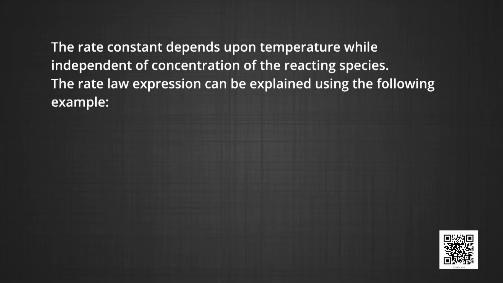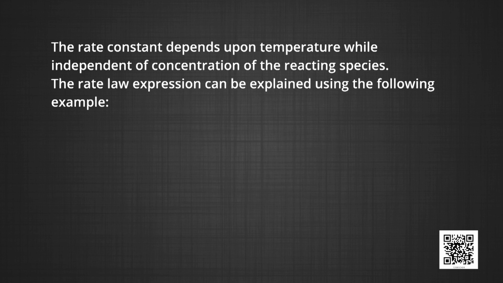Thus, the rate constant gives an idea about the speed of the reaction. That is, a reaction with a higher value of the rate constant proceeds at a faster rate. The rate constant depends upon the temperature while independent of the concentration of the reacting species.